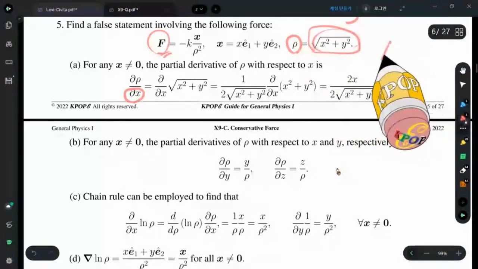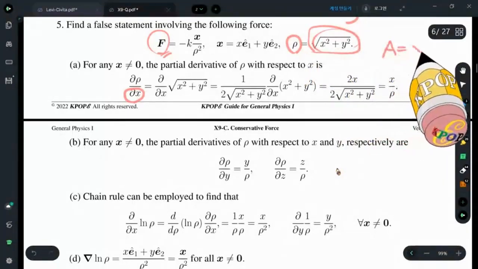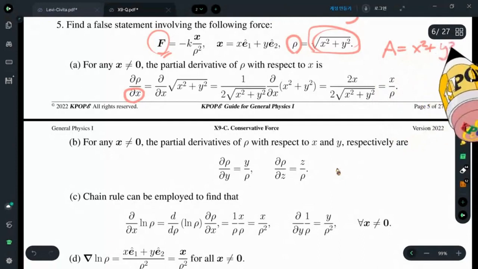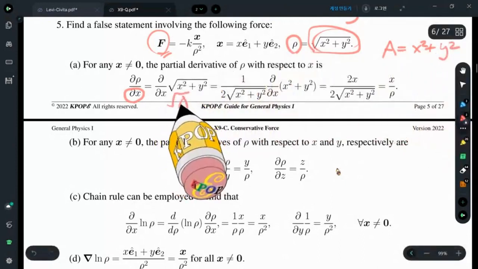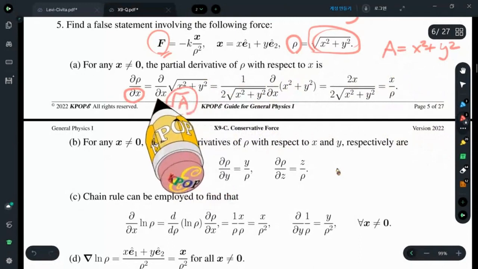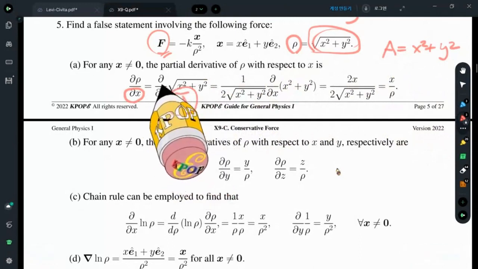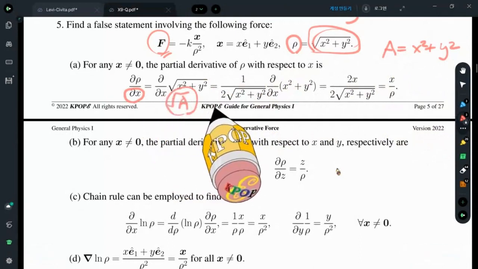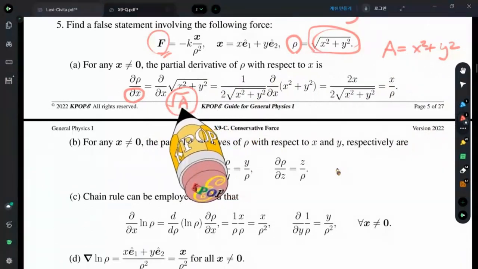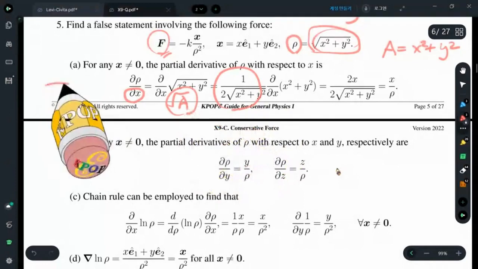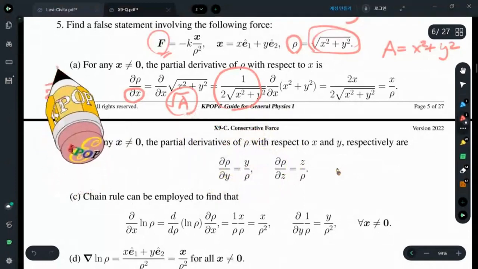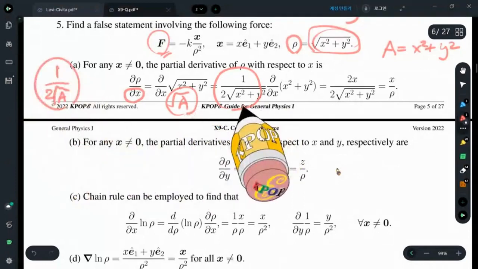That means, let me say a is x squared plus y squared, and I have a square root of a, and I need to take the derivative with respect to x. So I first take the derivative with respect to a first. That is 2 square root of a in the denominator.